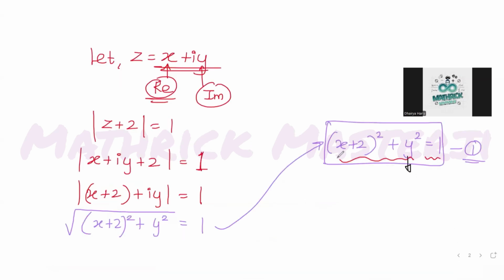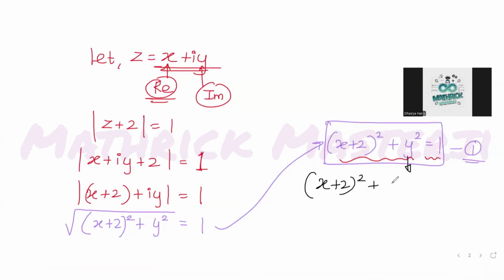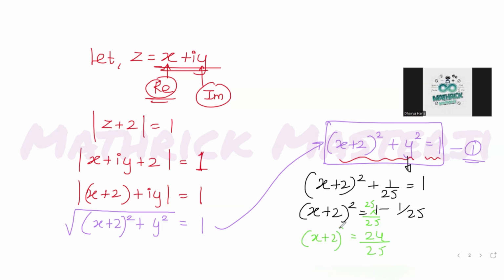Putting that here, I can just get the value of x. So x plus 2 the whole square plus y square, which is 1 over 5 squared, which will be 1 over 25, equals 1. So x plus 2 the whole square equals 1 minus 1 over 25, making the denominator same and multiplying with 25. So 25 minus 1 is 24 over 25. That's x plus 2 the whole square.